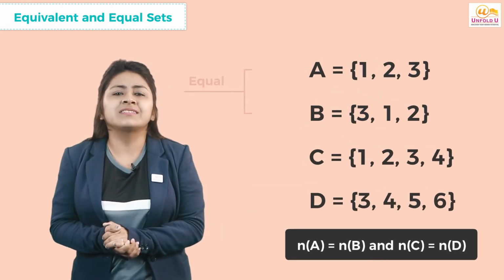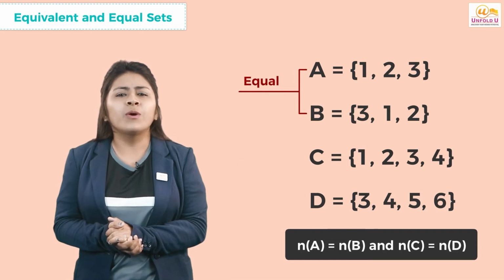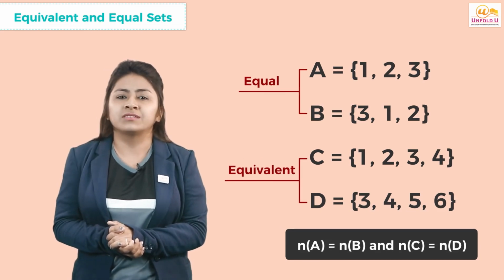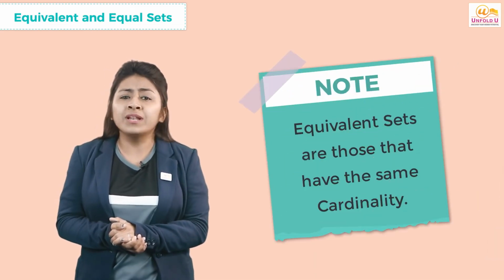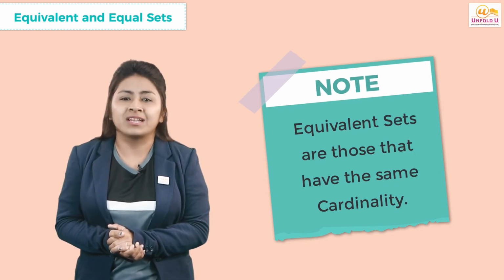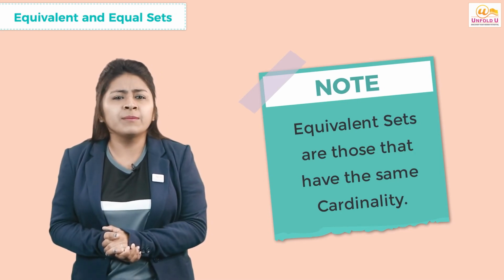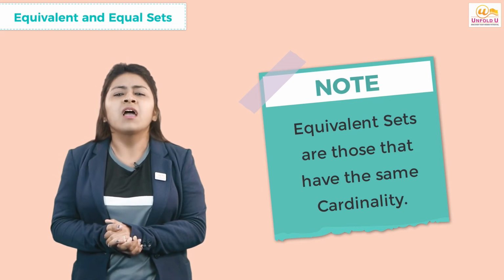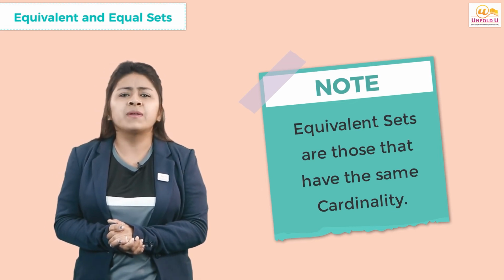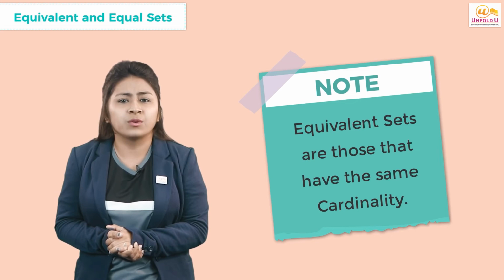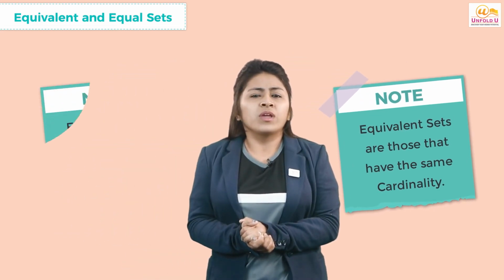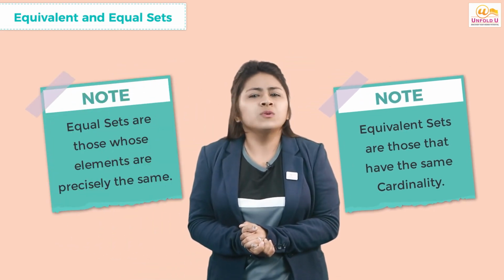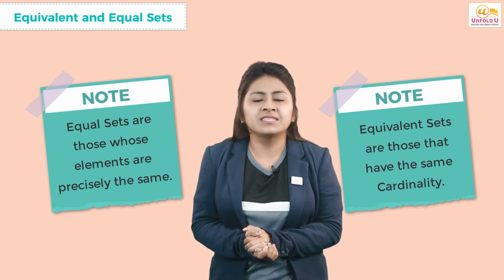We say that sets A and B are equal while C and D are equivalent. Thus, equivalent sets are those that have the same cardinality. Cardinality means same number of elements. The number of elements is the same, but the elements need not be identical. Whereas equal sets are those whose elements are precisely identical.